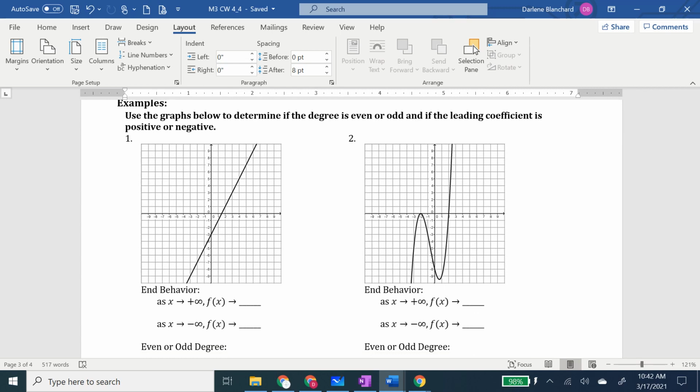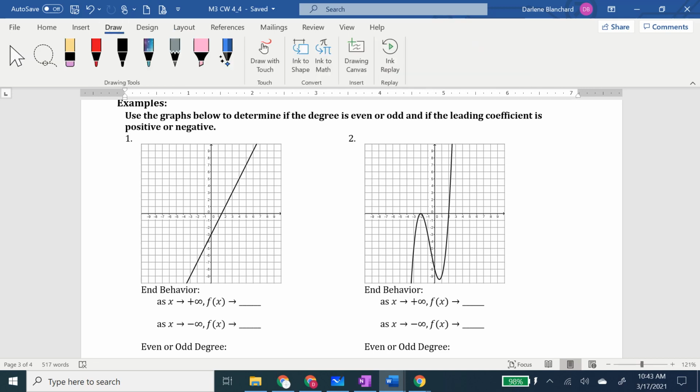All right, so here are some examples. First, use the graphs to determine if the degree is even or odd, and if the leading coefficient is positive or negative. So what I want you to do is you're first going to write down that as you look to the right, is the graph heading up or down? You see it's heading up.